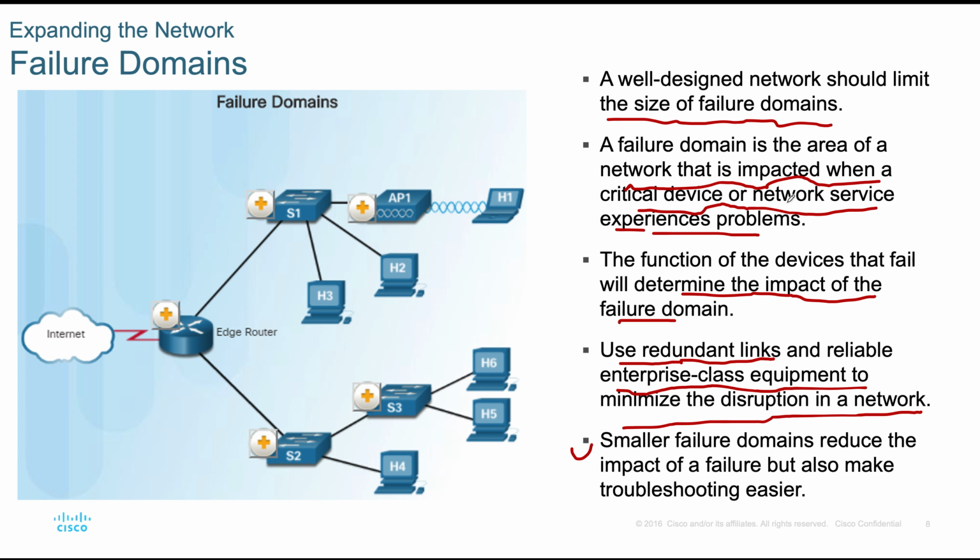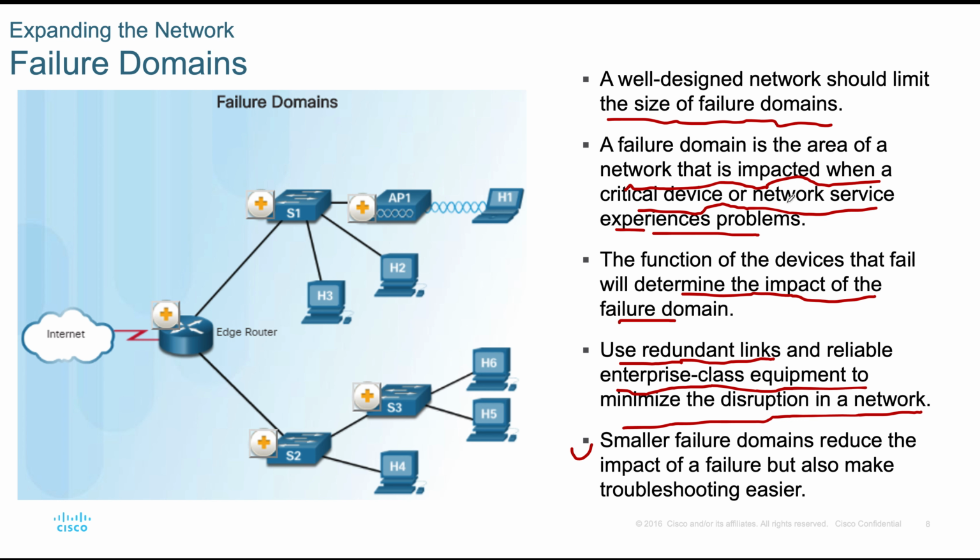A well-designed network should limit the size of failure domains, because if your network repeatedly fails, it means the design was very poor. Now, a failure domain is the area of a network that is impacted when a critical device or network service experiences a problem.